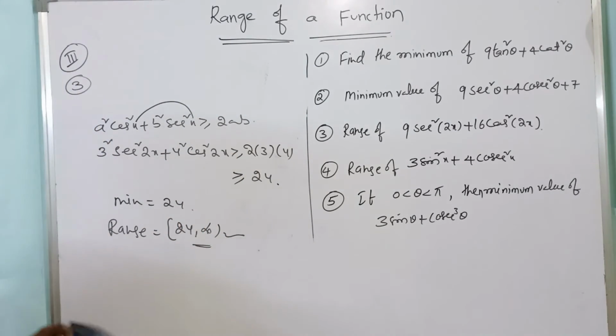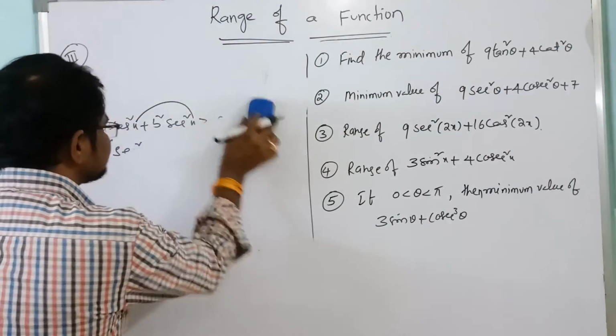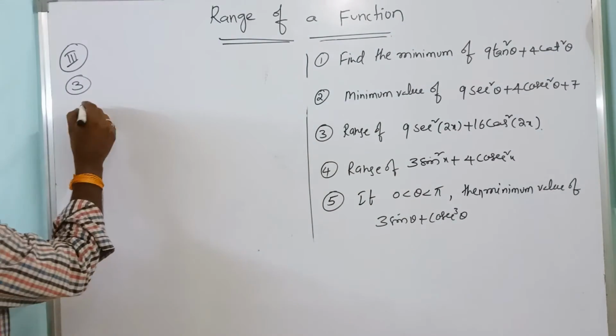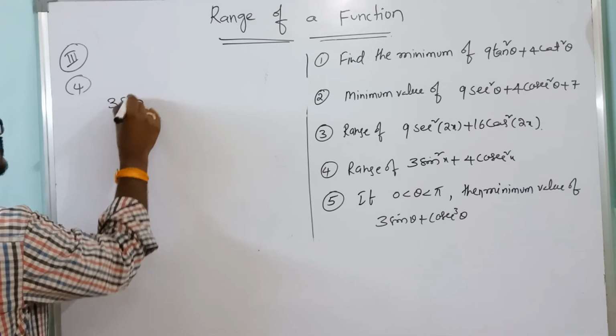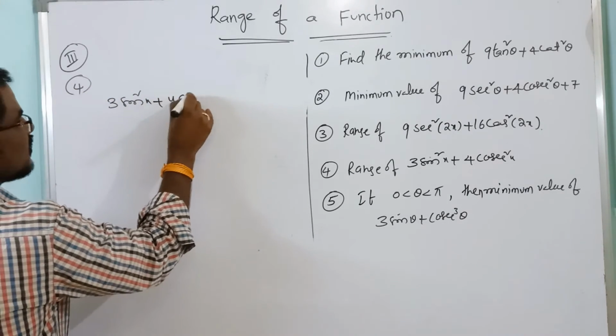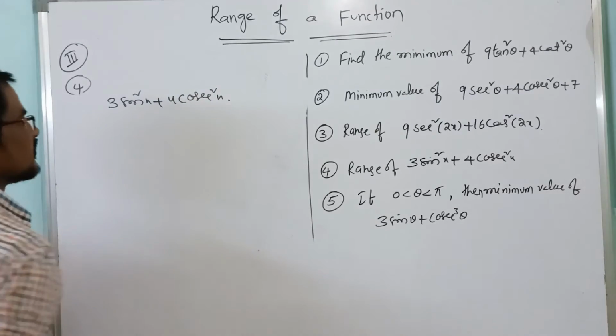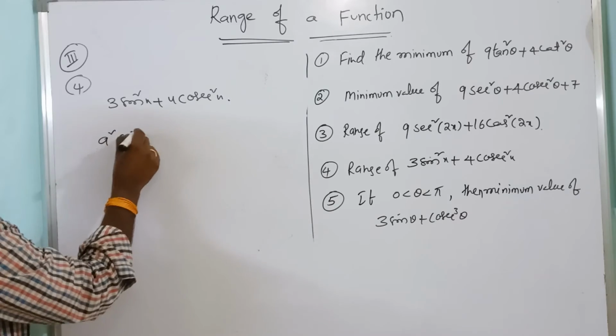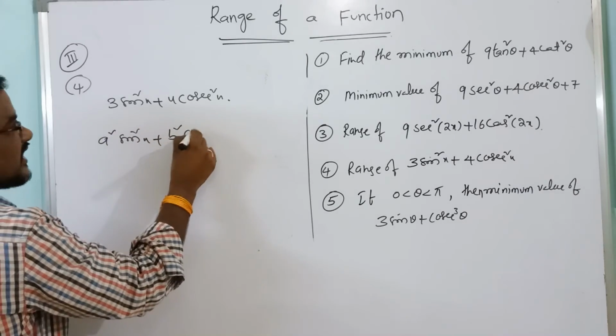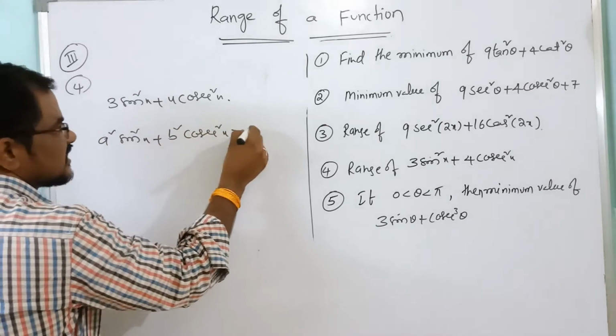Okay. Next, see the fourth problem. That is 3 sine square x plus 4 cosecant square x. Now we know that a square sine square x plus b square cosecant square x is greater than or equal to 2ab.